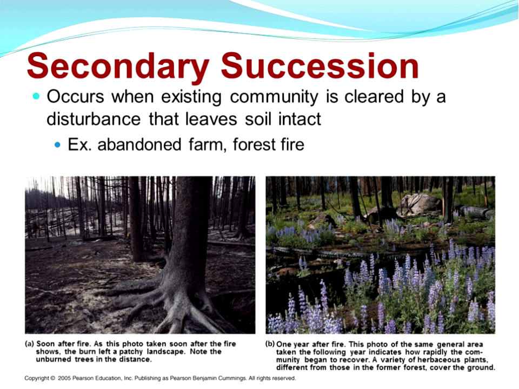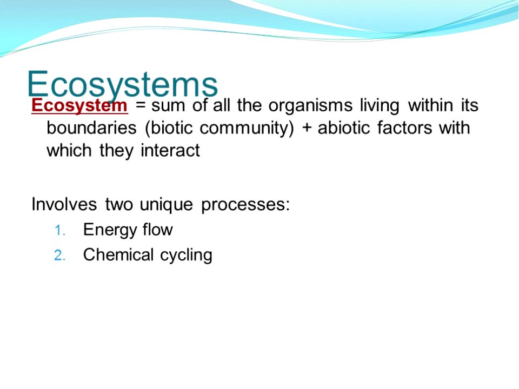So usually we look at it as a harmful thing, where if you had a fire, for instance, and you can see this in the picture, the first picture A, you have this fire, and then just a year later after the fire, you've already got some regrowth happening. And so that's considered secondary because there was already life in the area, there's already some soil to start with, some things have still survived, they're still there, you just have growth starting over again.